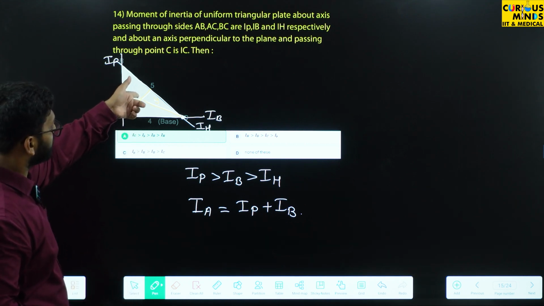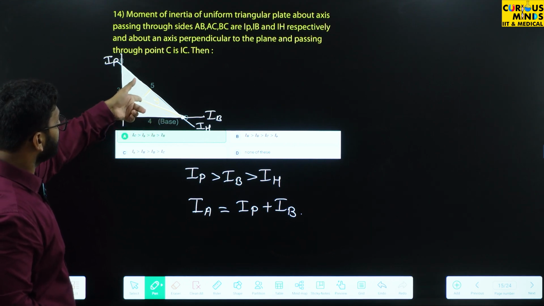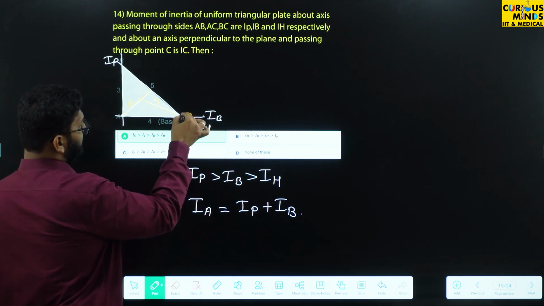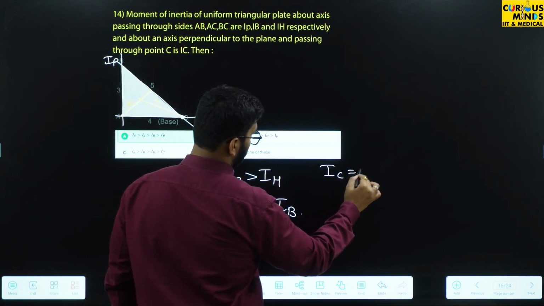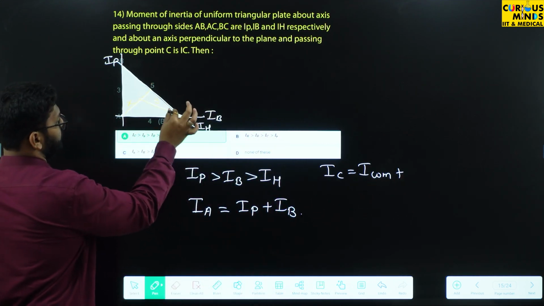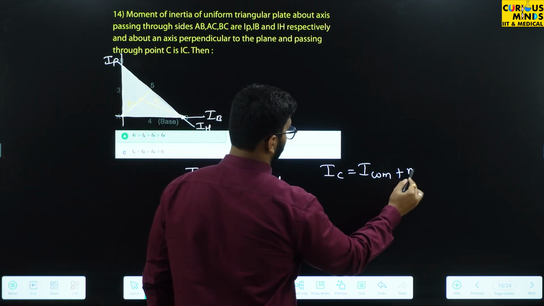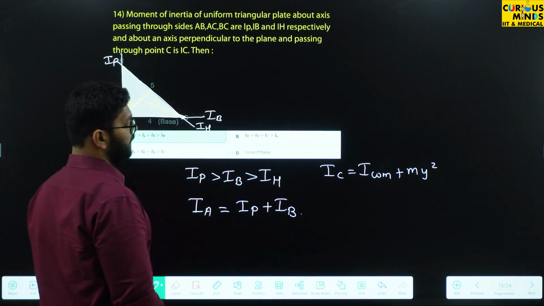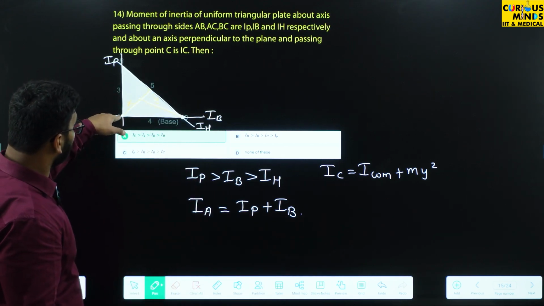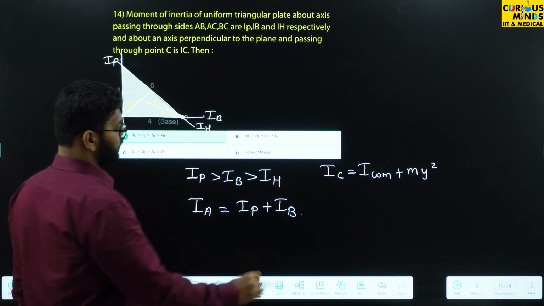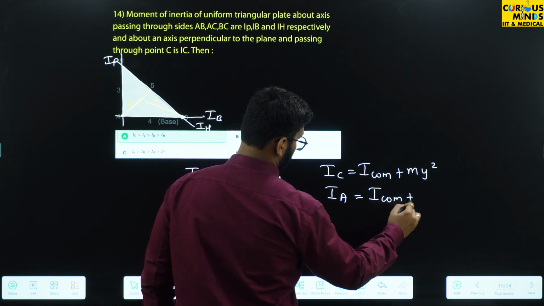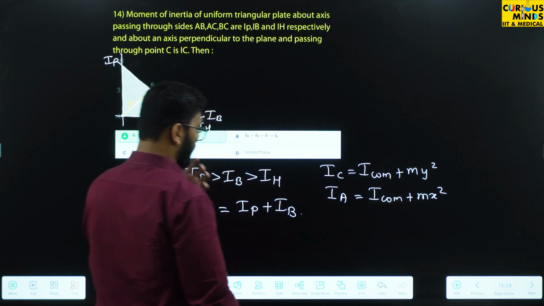If we know the moment of inertia about the center of mass, ICOM, then IC can be written as ICOM plus my square. And IA will be ICOM plus mx square.